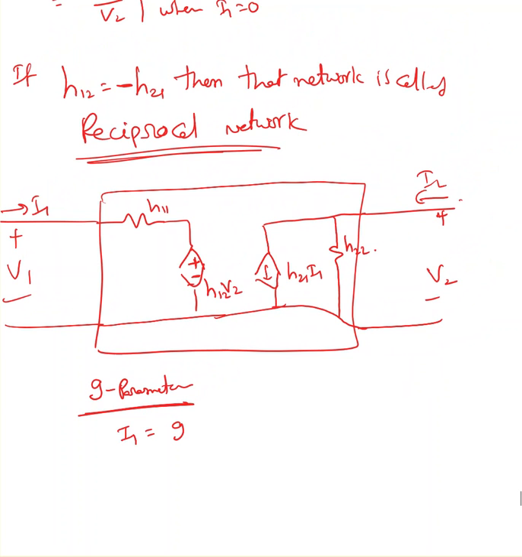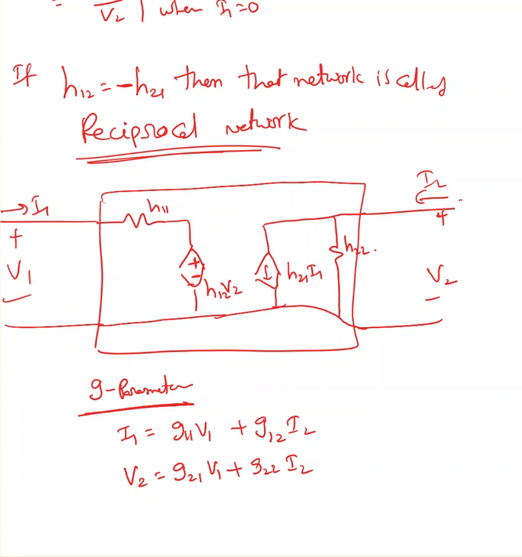I1 equals g11 V1 plus g12 I2, and V2 equals g21 V1 plus g22 I2. G parameters and h parameters are almost similar. g11 is open circuit input admittance. g12 is short circuit reverse current gain, and g21 is open circuit forward voltage gain. g22 is short circuit output impedance.